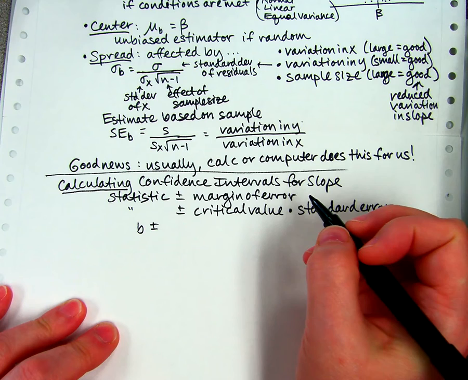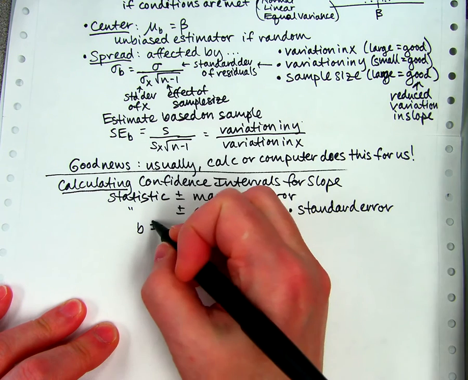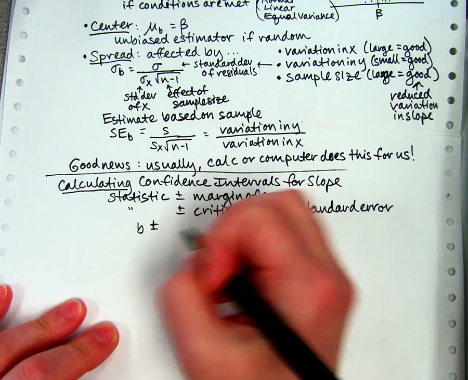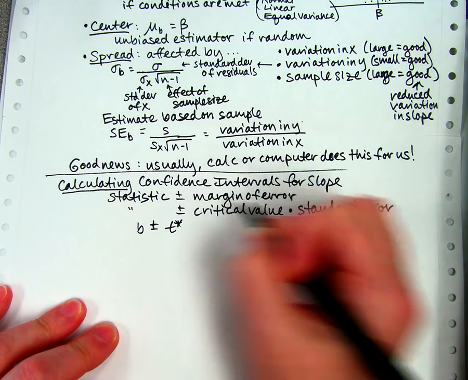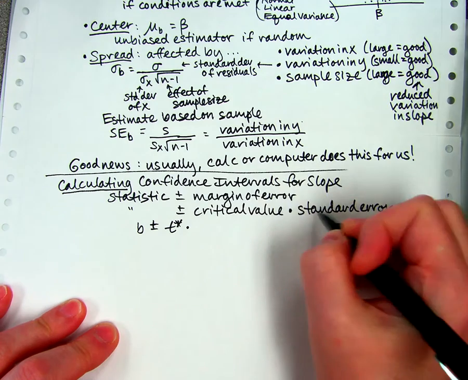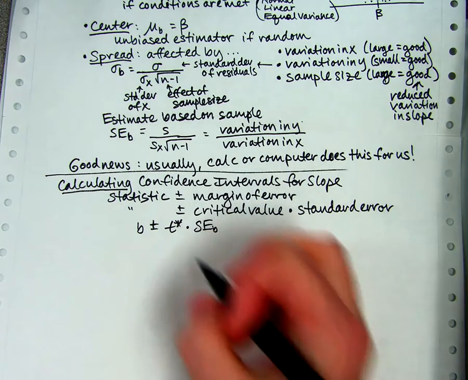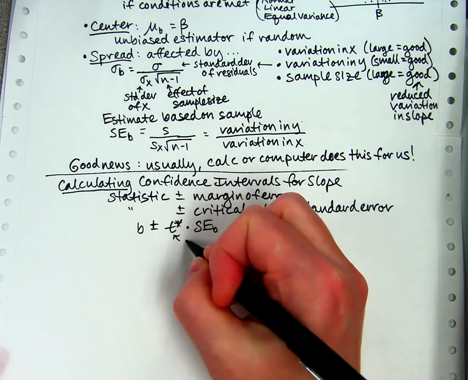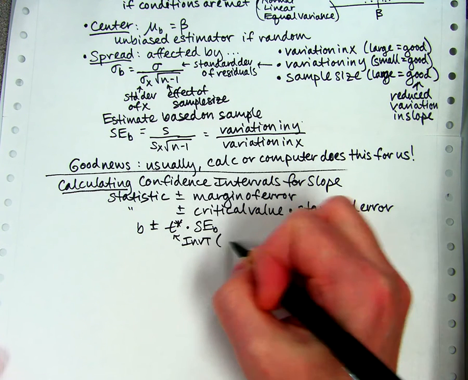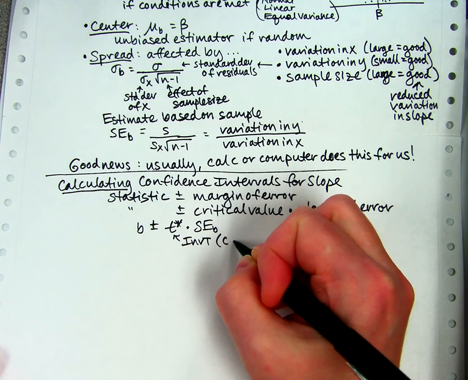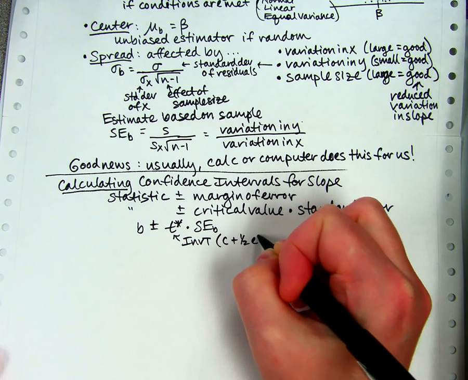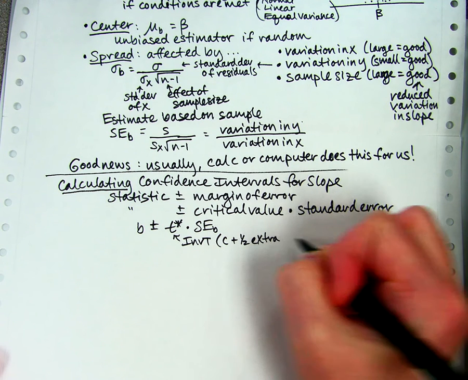Critical value, you'll be really happy to hear, is a familiar one. We don't have to learn a new type of critical value. It is T star. Done T star before, and then we multiply by the standard error, which is SEB. And the T star is going to be found the same way we found it before. If you have a TI-84, you're doing inverse T. The area is the confidence level plus half the extra. We've seen that before.